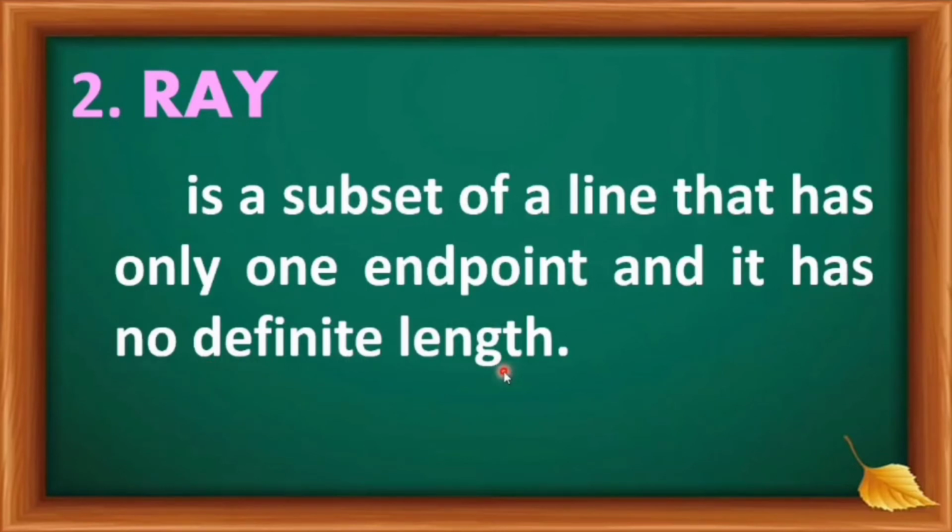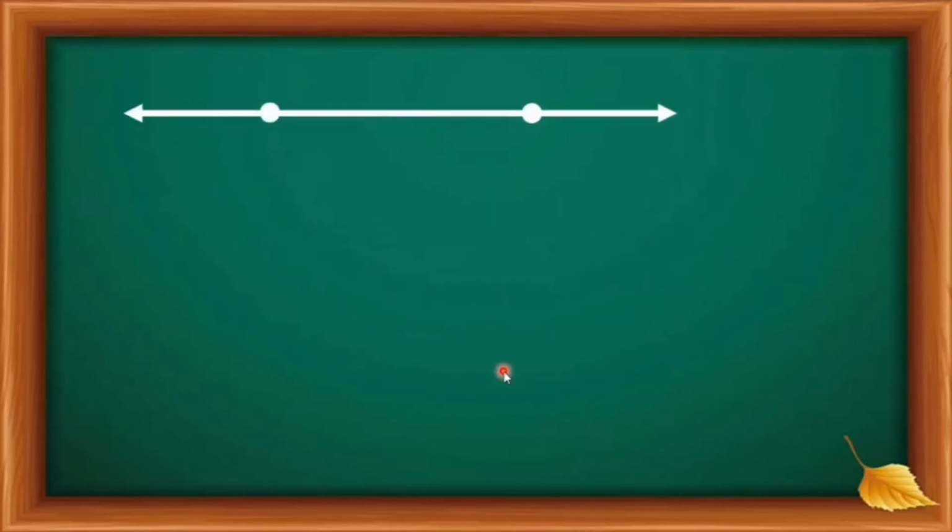Ibig sabihin, yung length niya ay infinite, endless, immeasurable, because it extends in one direction. And for us to be able to understand this better, let us have this illustration. We have here line AB.